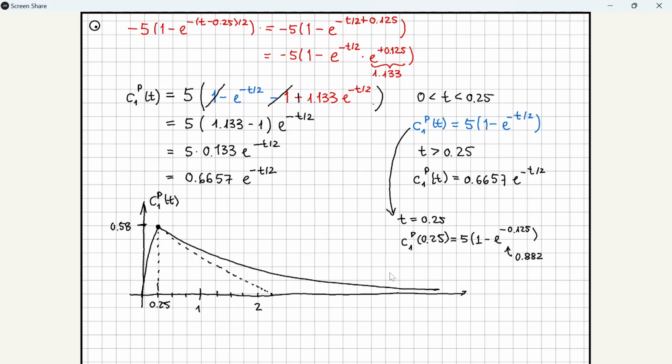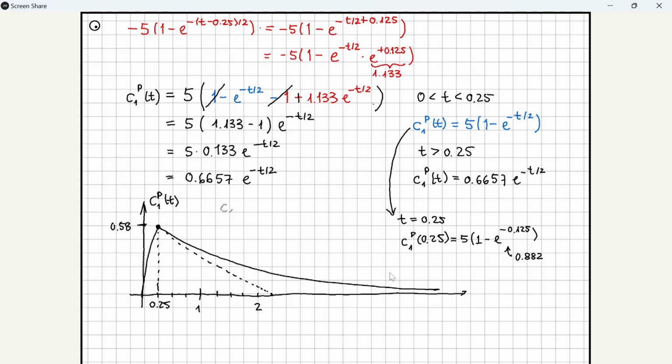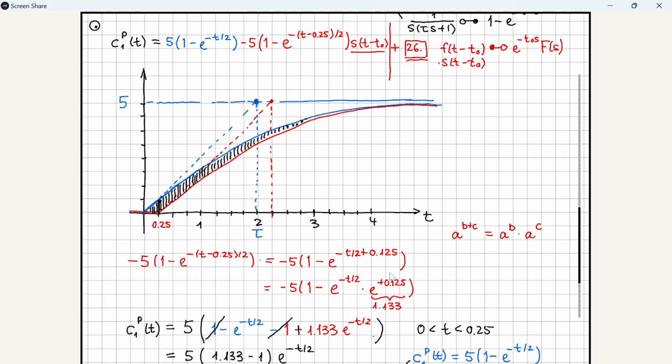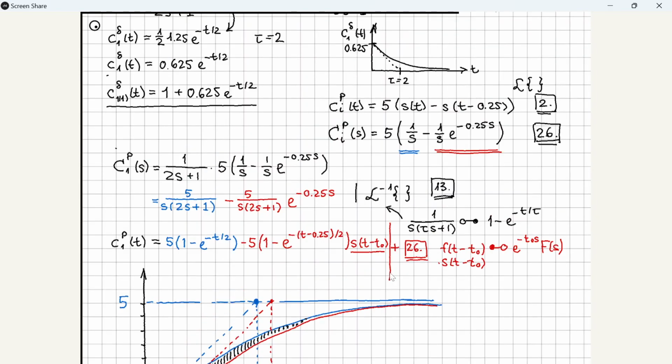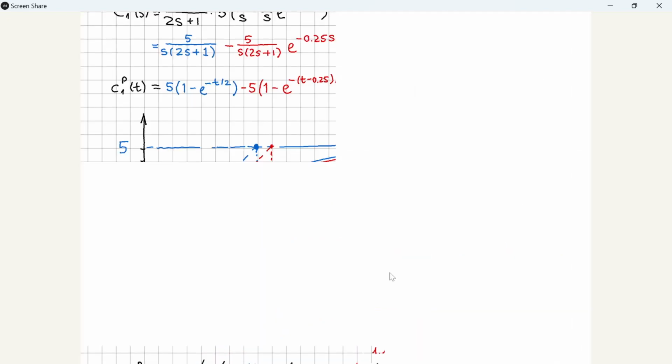Okay, and this is C1p of t. And if we compare this, and let's do gray, with C1 delta of t, which was much simpler, there's our C1 delta. It's this function here, 0.625 e to the minus t half, and then the time constant.